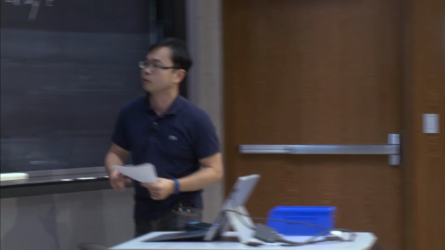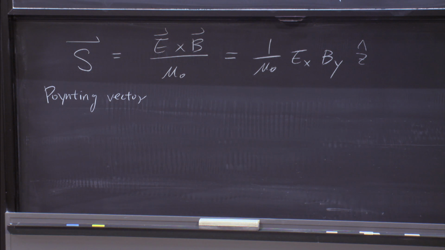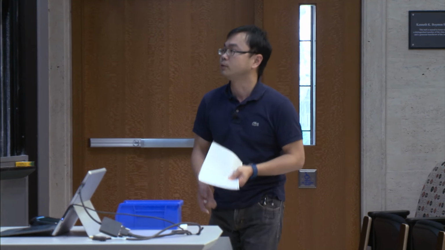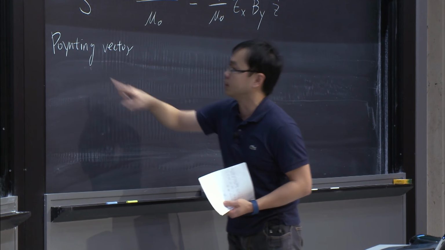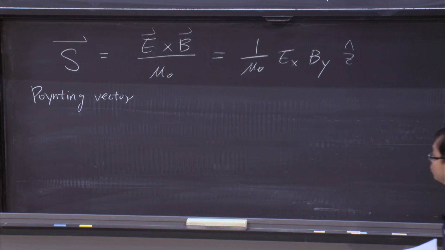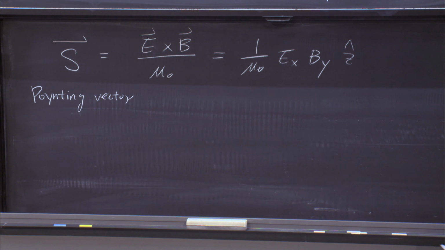There's a gentleman who is called Poynting, and he has a vector. And this vector is a directional energy flux, or the rate of energy transfer per unit area. Okay, so that is the meaning of the Poynting vector. And its magnitude is proportional to E cross B divided by mu 0.